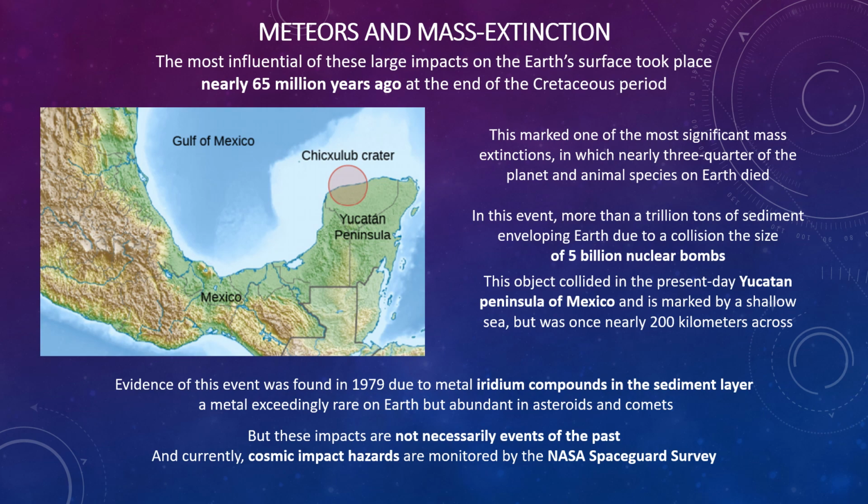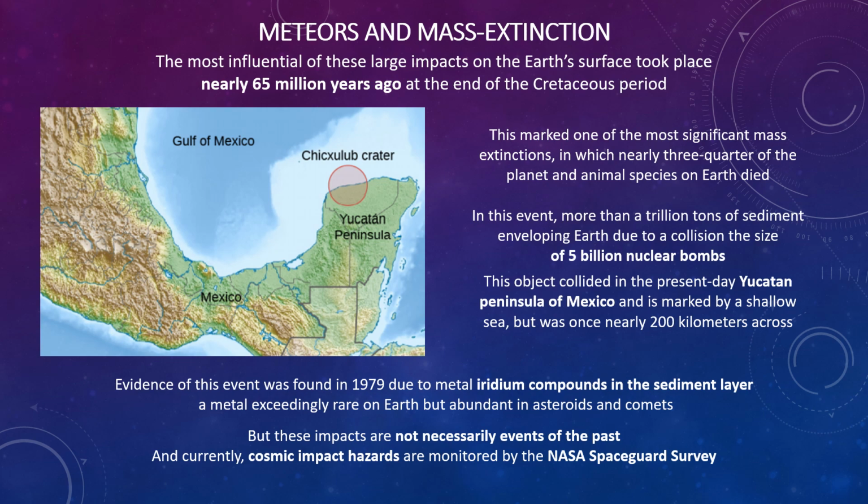Evidence for this event was found in 1979 due to iridium compounds found in the sediment layer around there. Iridium compounds are incredibly rare on Earth, but very abundant in asteroids and comets.